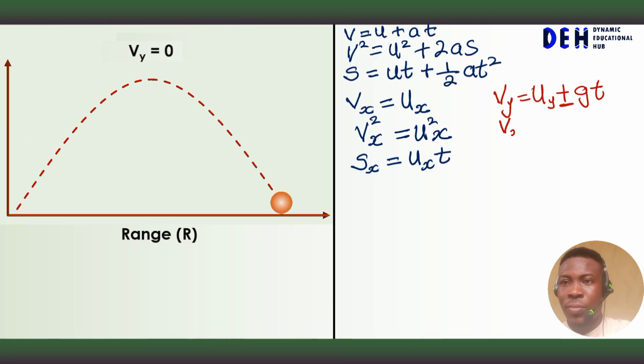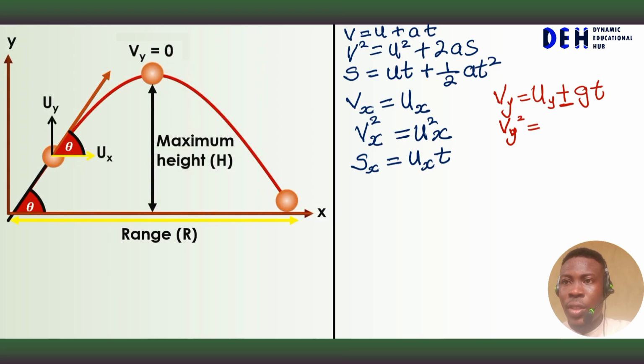So we also have vy squared here, which should give us what? uy squared plus or minus 2gsy.